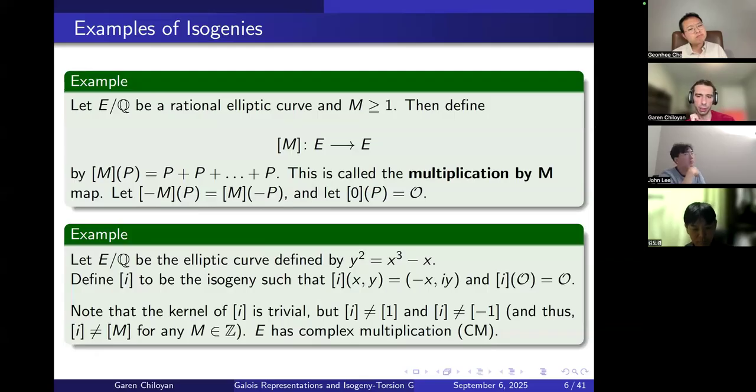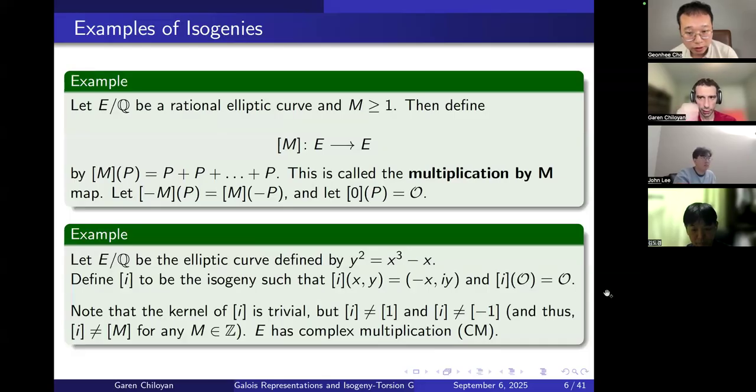In the case of elliptic curves, this is specified as elliptic curves that have a big group of isogenies, like automorphism groups. So it's not just that you have multiplication by M maps, you have other more interesting maps of this form, let's say I. This is a very hot topic of study in the theory of elliptic curves.